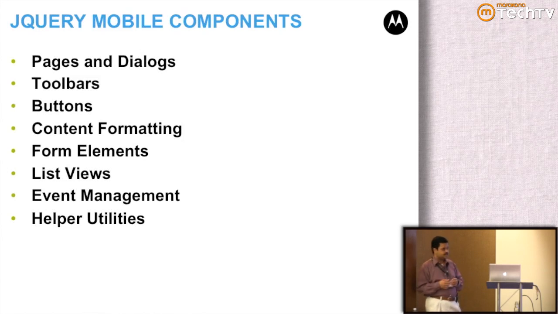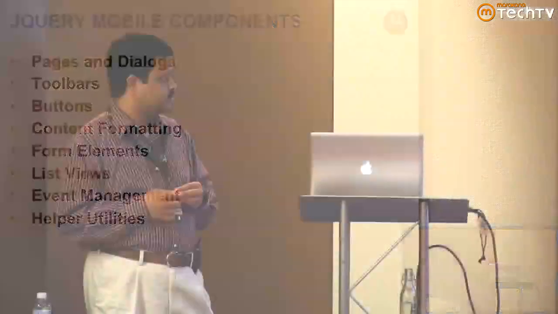Lists, again, that's frequently used. Additionally, there are helper utilities as well as tools to manage events. So, for example, if you are building a book reader and the user swipes on the right side, you want to be able to detect that. That is what event management does for you.